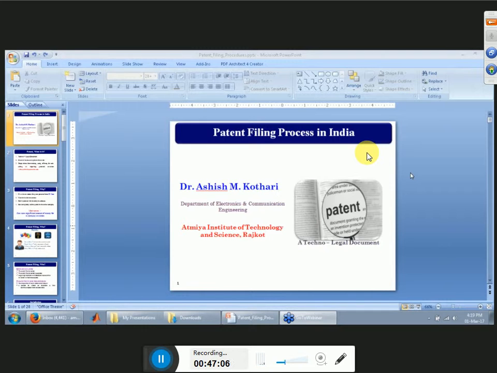In this case, the first-to-file system applies. It cannot be searched because it is not published anywhere in Patent Office India until I file a complete application, which is then published on the Patent Office India website.